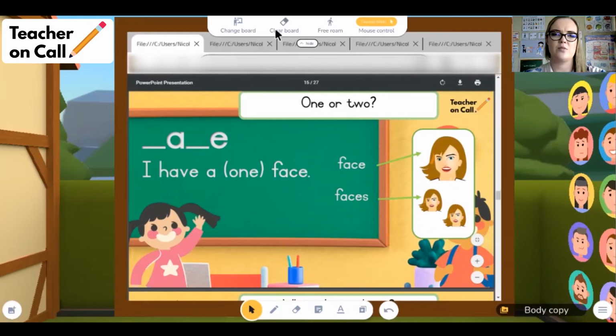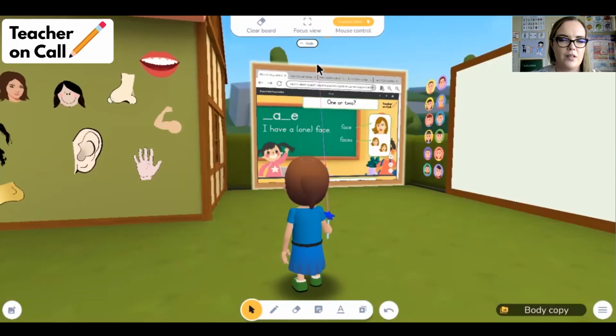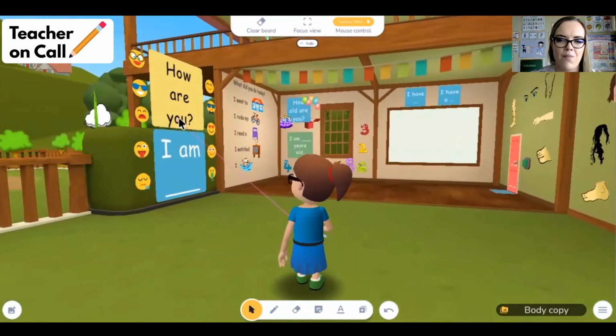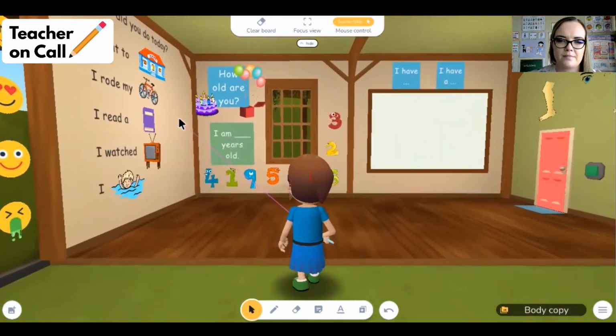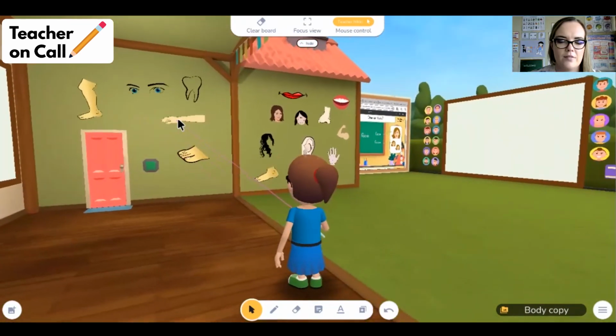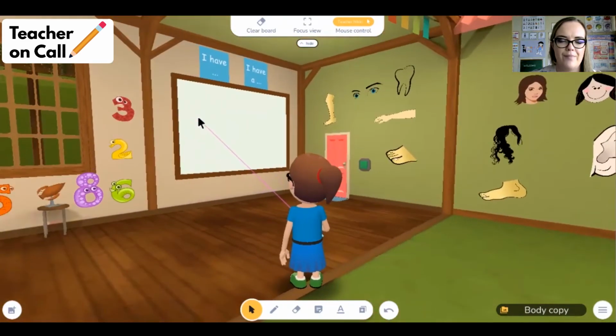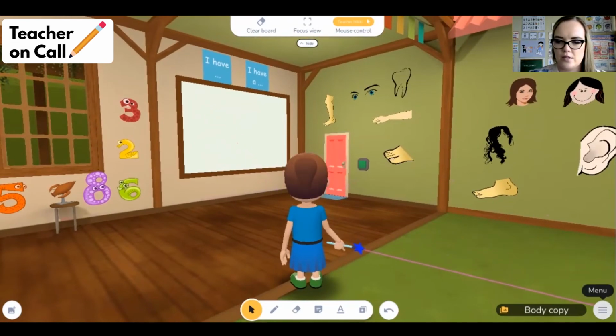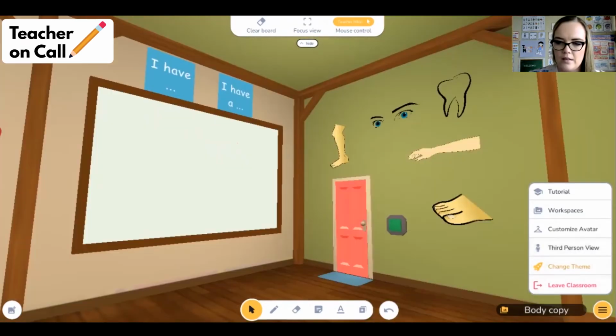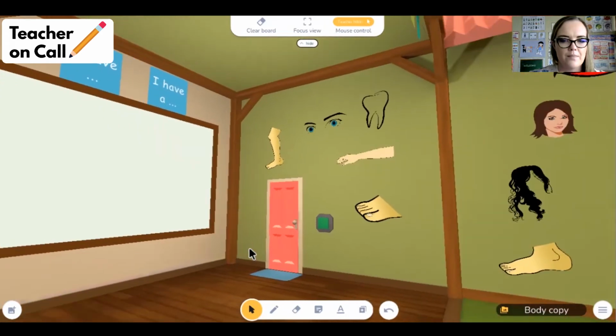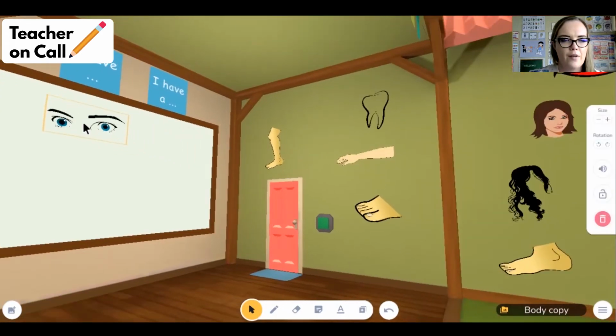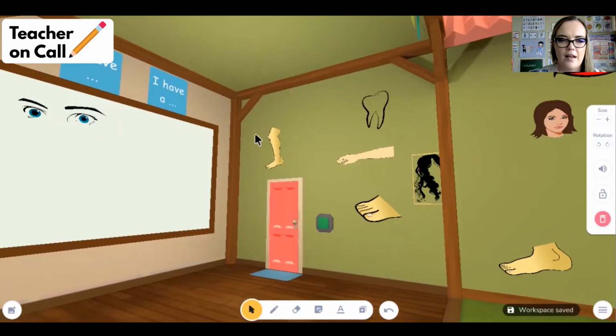Okay, let's go practice what we've just learned. Going to go across over here. Let's have a look. I'm just going to take her out of the way. There we go. It's easier to see. So I have two eyes.